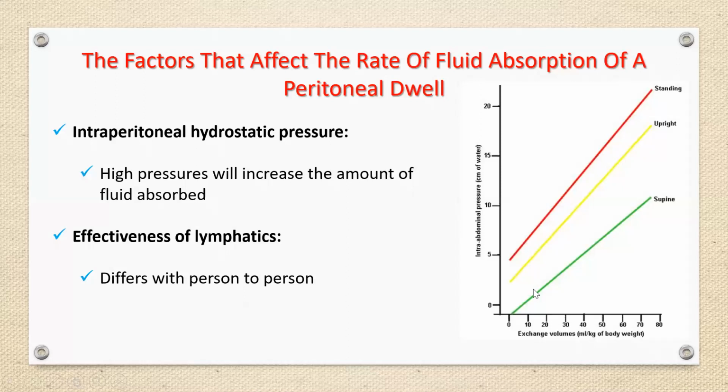In the upright position it will be slightly lower, and supine has the lowest. So for intraperitoneal hydrostatic pressure, the higher the pressure, the more the fluid absorption will increase. And the effectiveness of the lymphatics differs from person to person.